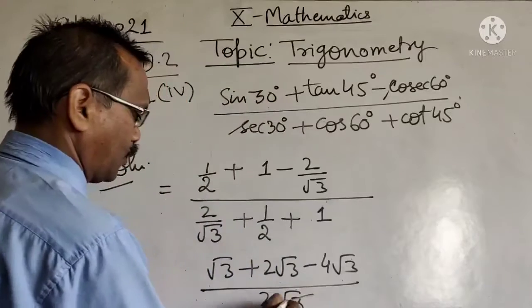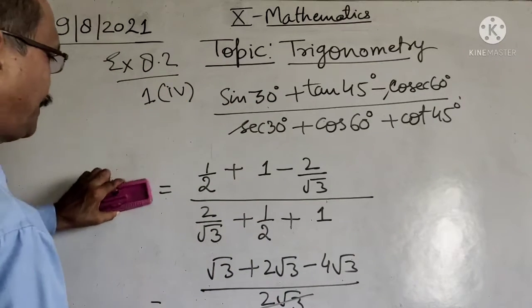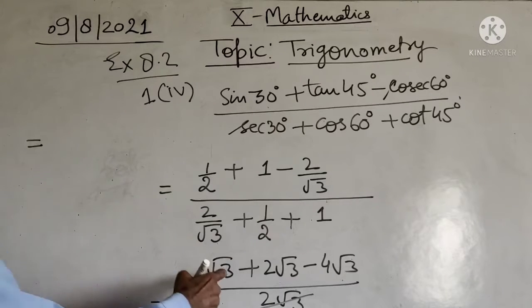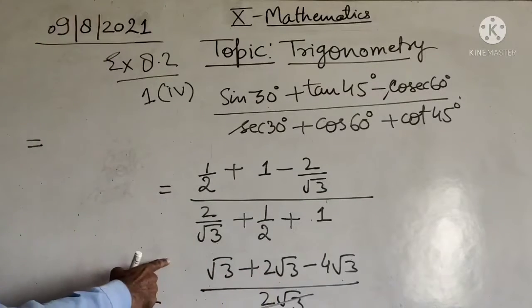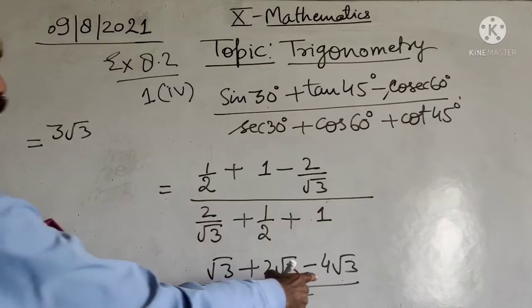Now it cancels out. Then numerator is 2 root 3 plus root 3 is 3 root 3 minus 4 root 3.